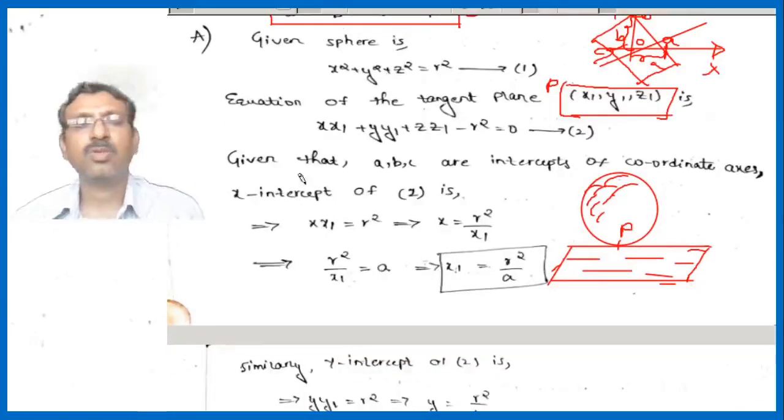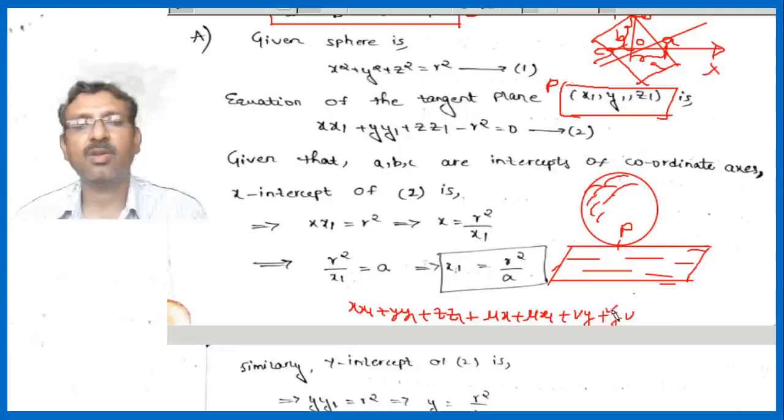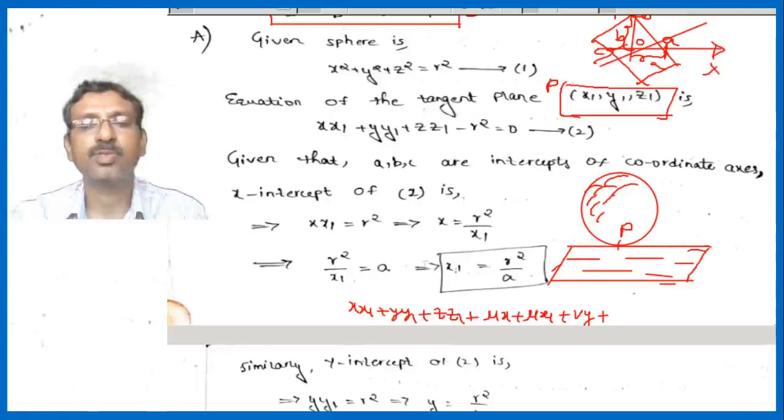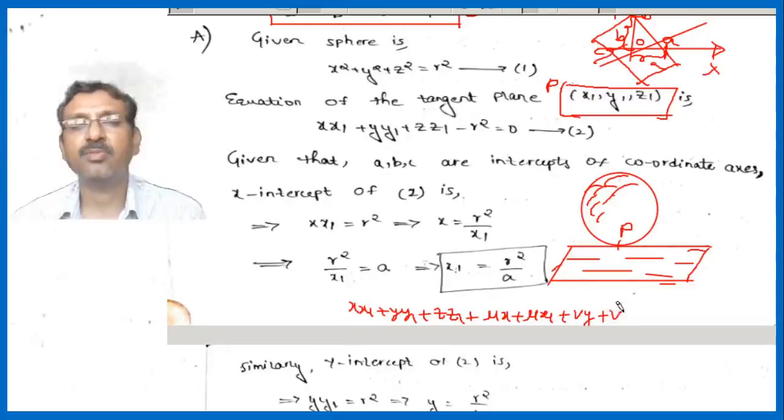The formula we discussed in previous classes is x x1 plus y y1 plus z z1 plus u(x plus x1) plus v(y plus y1) plus w(z plus z1) plus d equal to 0.